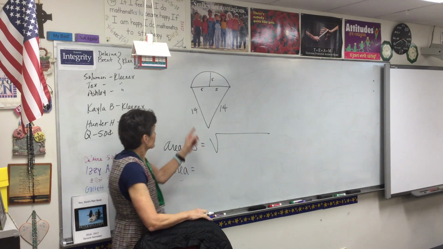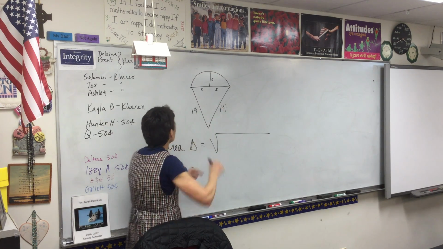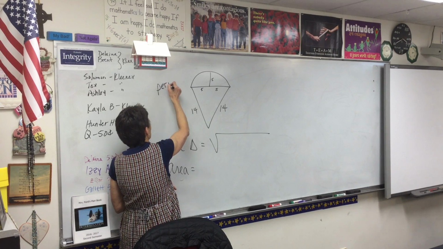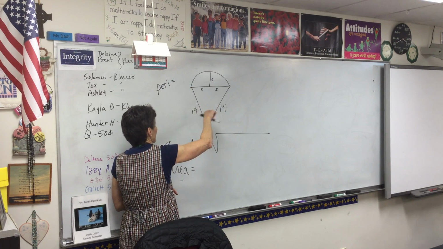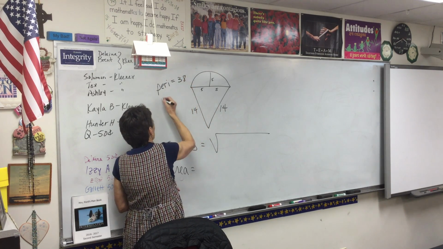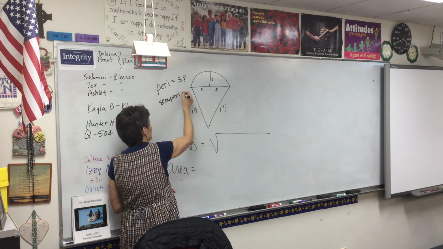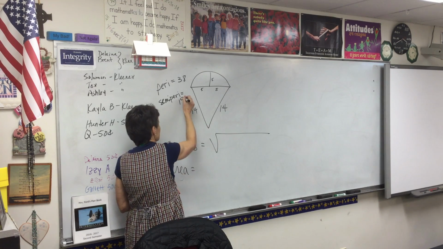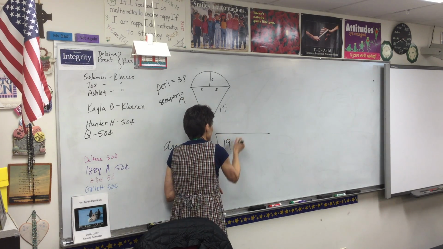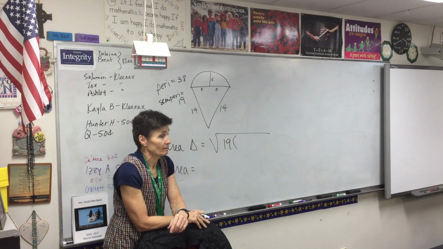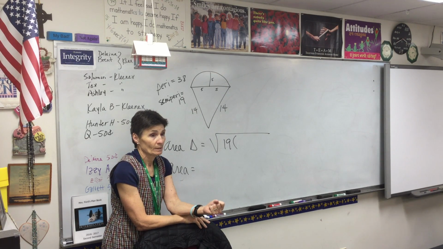It's like S times. So what is the perimeter? Do the perimeter first. 38. Which means the semi-perimeter is 19. So Hero's formula says we start with 19, the semi-perimeter.